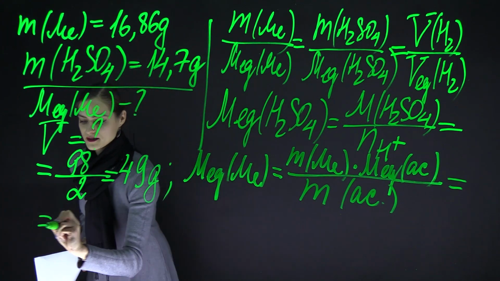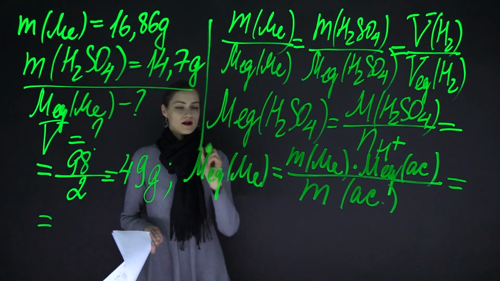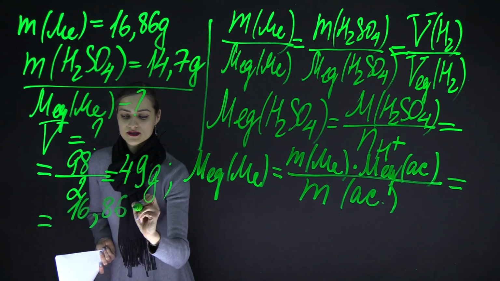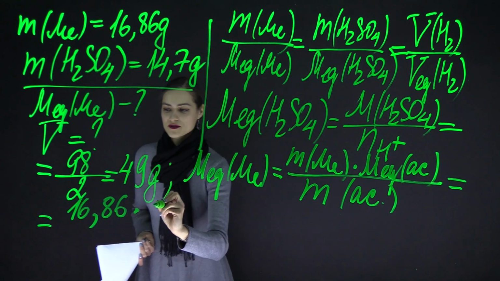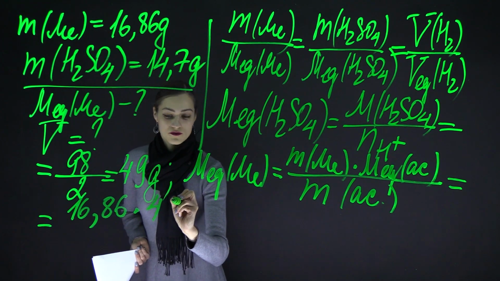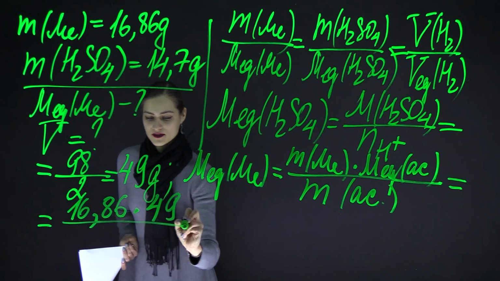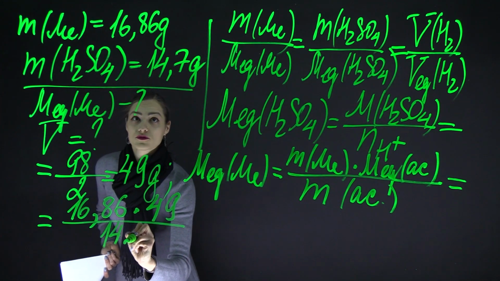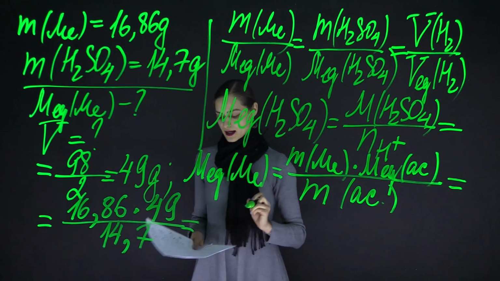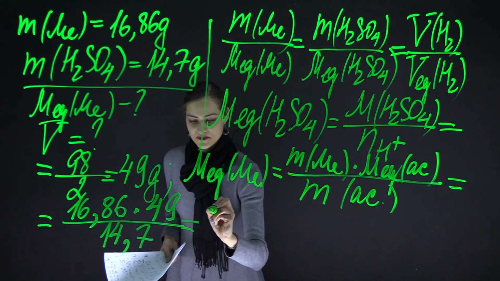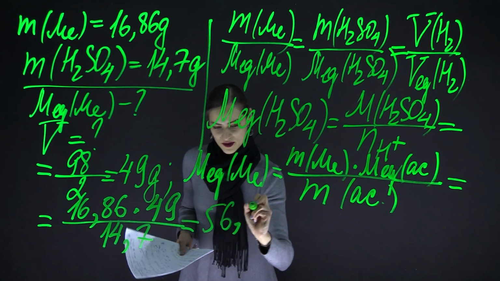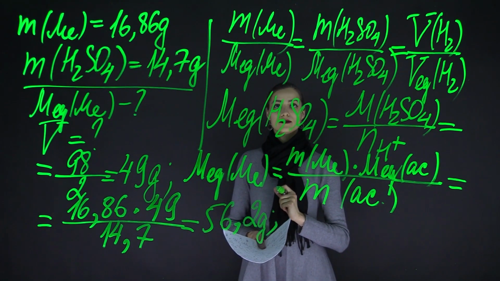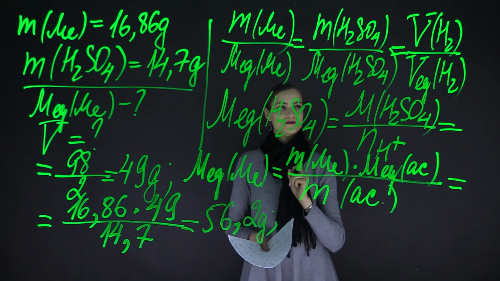And here the mass of metal is 16.86 grams, the equivalent mass for the acid is 49 grams, and the mass of acid is 14.7. And in our calculation we have 56.2 grams. And as well we need to calculate the volume of hydrogen.